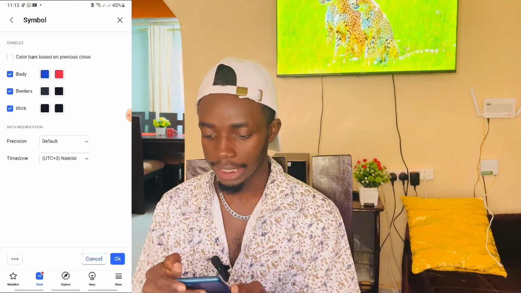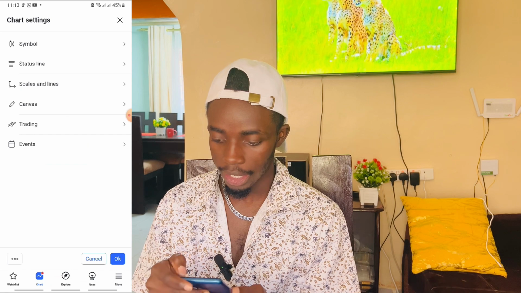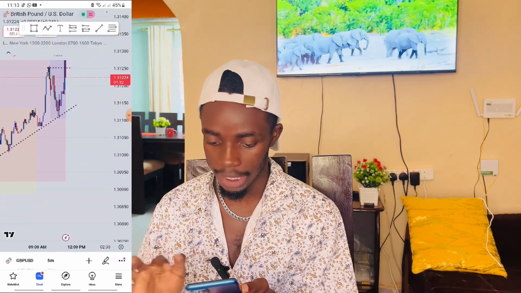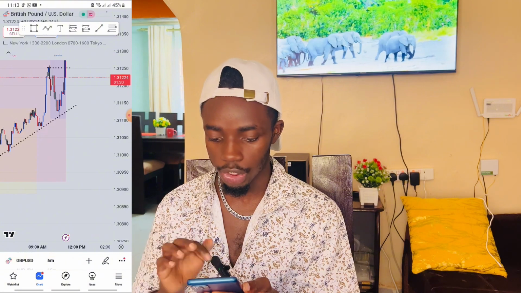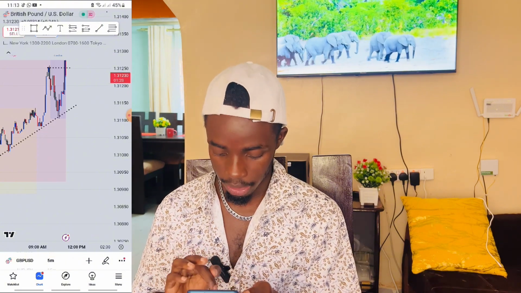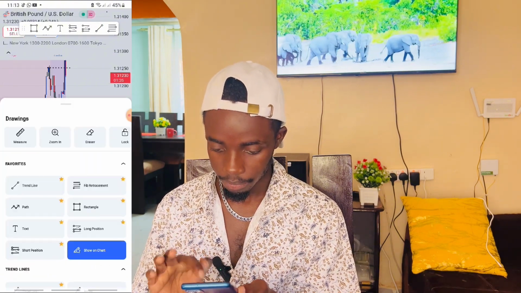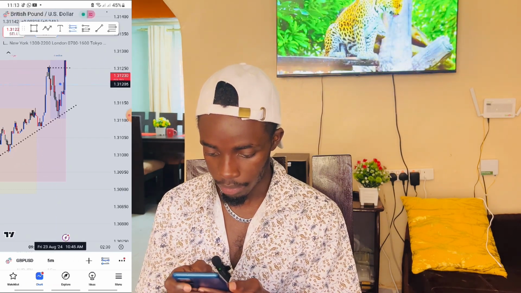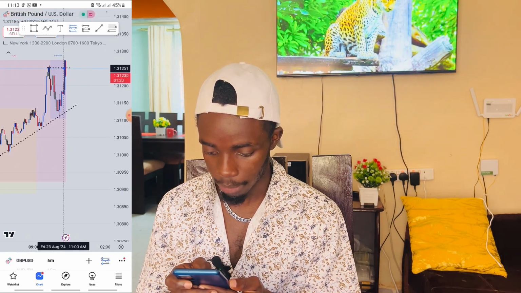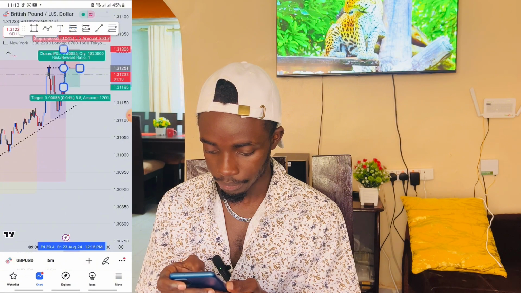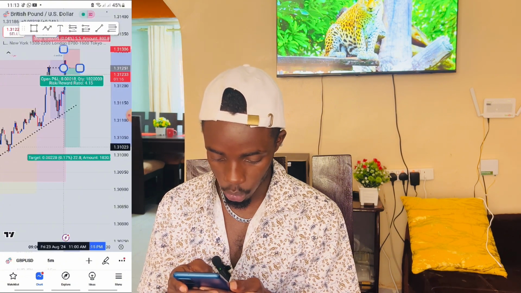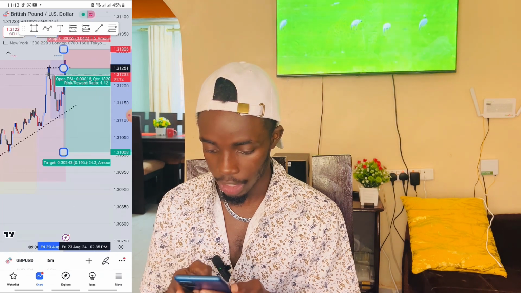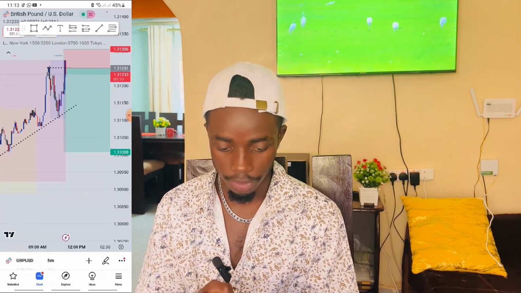Now we are targeting the lower liquidity at this line that I've drawn here. So basically this is how I usually do it. This is a short. We have entered at about full margin, and we are targeting these lows, right about that area there. So basically that is the idea of this trade.